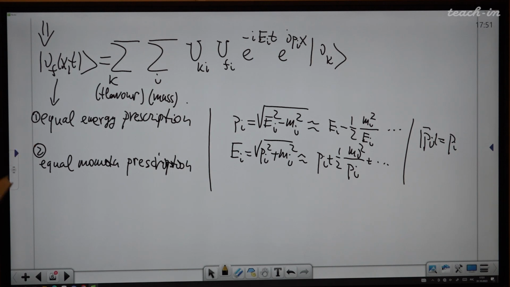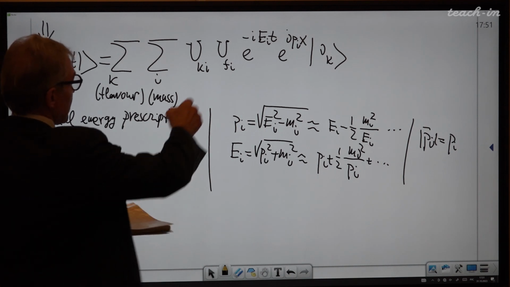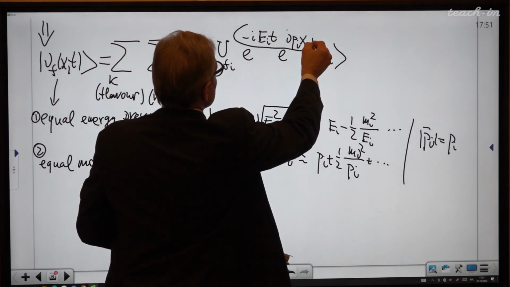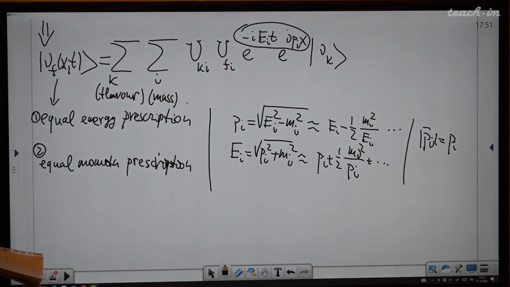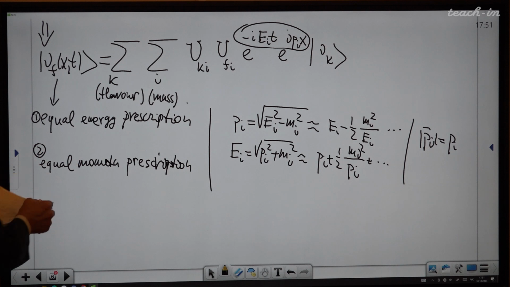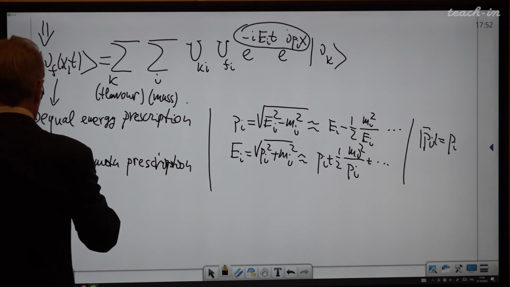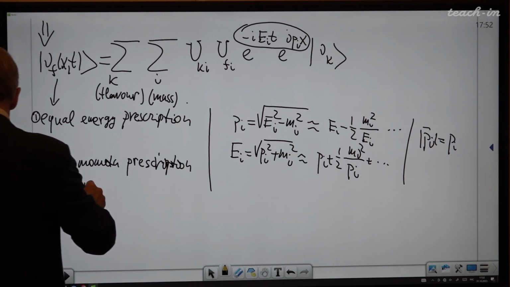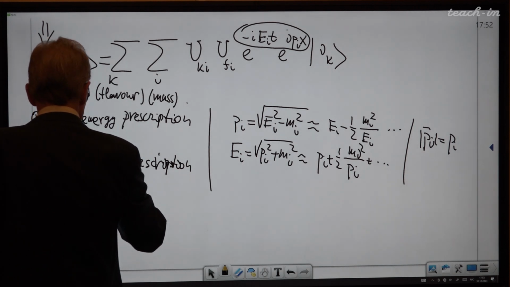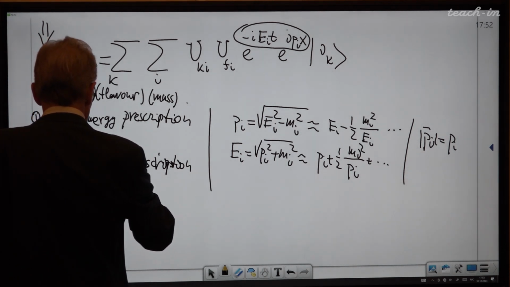Using these two prescriptions, we can get different expressions for these exponents. Let's write this. For the first type of prescription: minus i E_i t plus i p_i x equals.